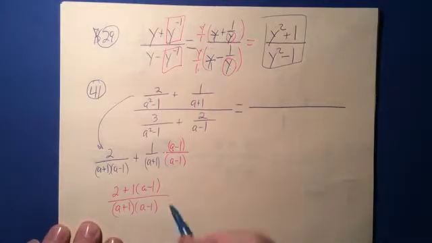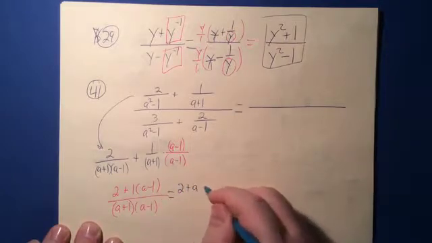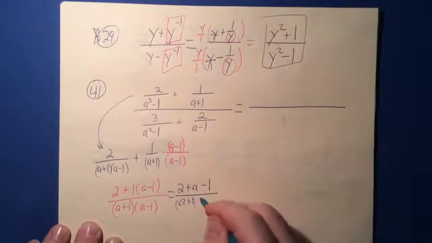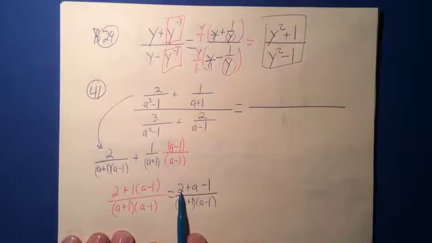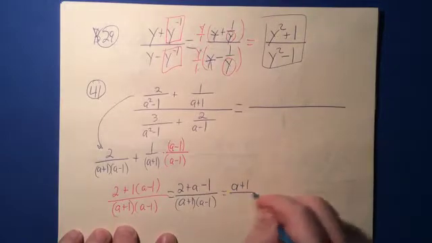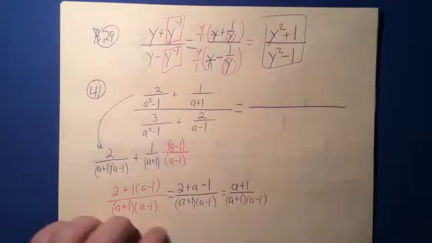So when I do that, that's going to give me 2 plus 1 times a minus 1 over a plus 1 times a minus 1. And when I multiply that through, that's going to give me 2 plus a minus 1 over a plus 1 times a minus 1. Now I have 2, I have negative 1, 2 minus 1, that's going to give me a plus 1 over a plus 1 times a minus 1.